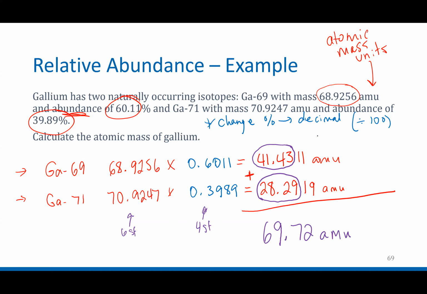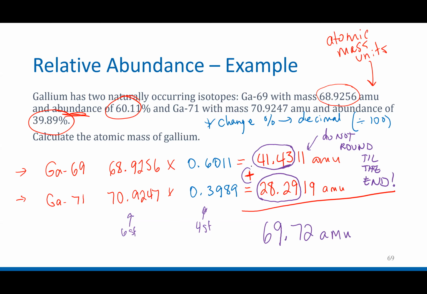But so why did I put these there? Do not round your answer till the end. We do not round until the end. So, okay, I wrote 41.4311, 28.2911, but remember, only 4 of these are significant.